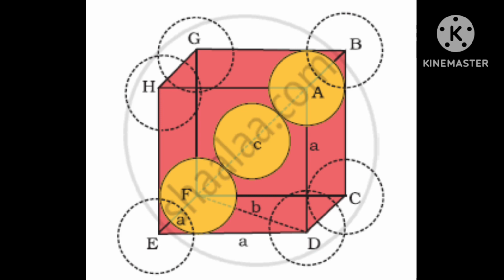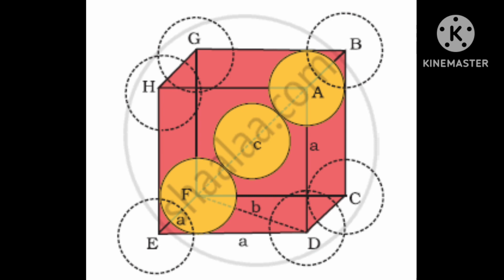In the first case you saw 4 spheres accommodated, but here only 2. So the total volume will be 2 into the volume of a sphere.